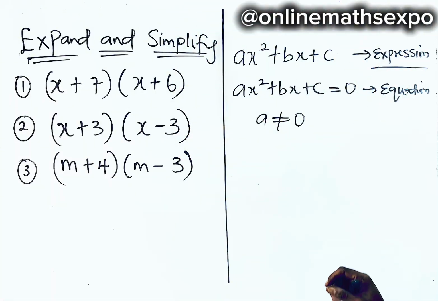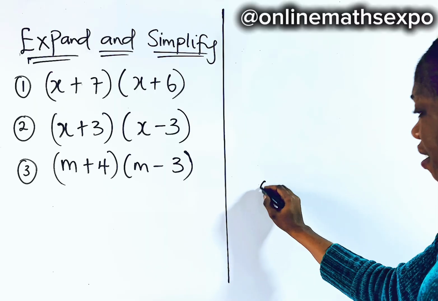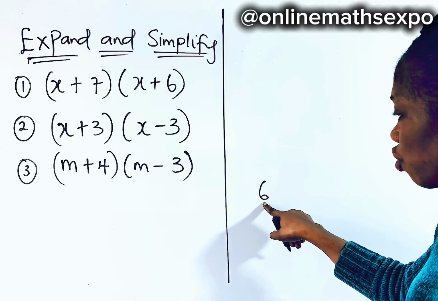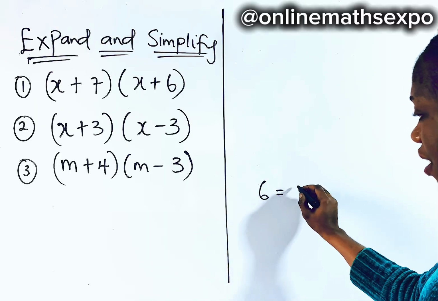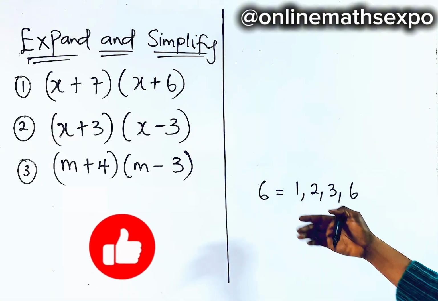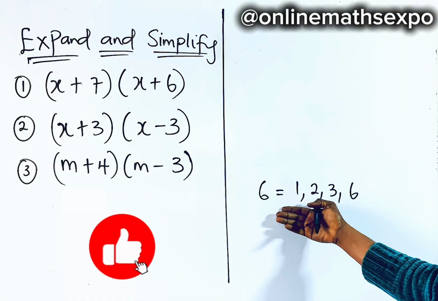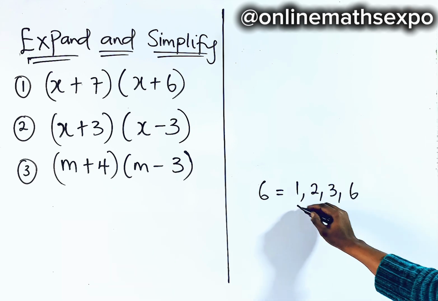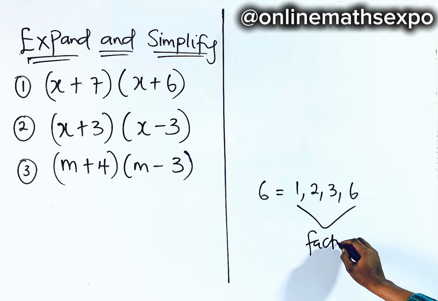Let's look at it this way. When you have the number 6, the numbers that can divide 6 are 1, 2, 3, and 6. And these numbers that can divide 6 without remainder are what we call the factors of 6.